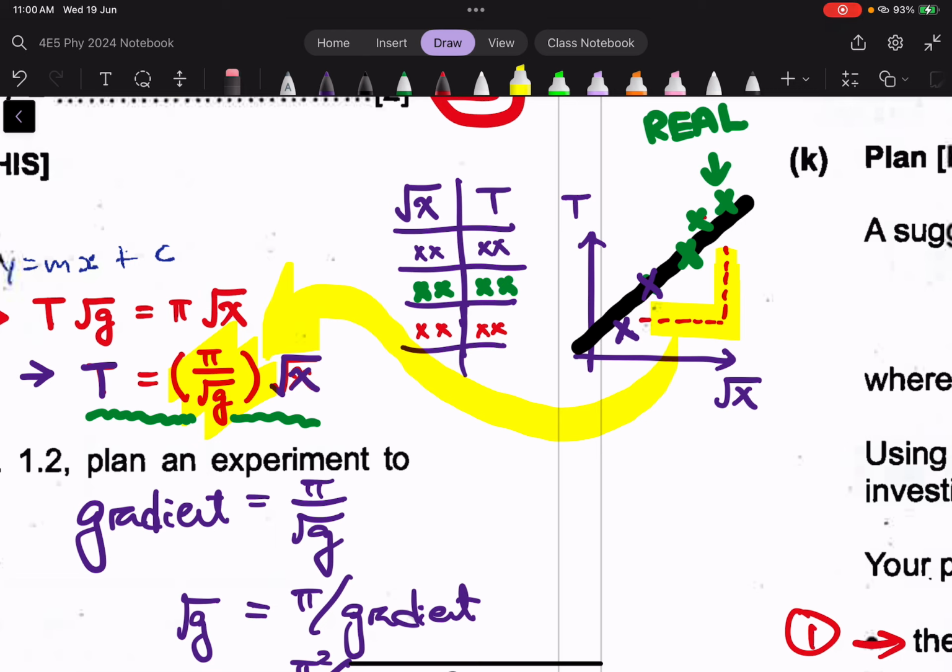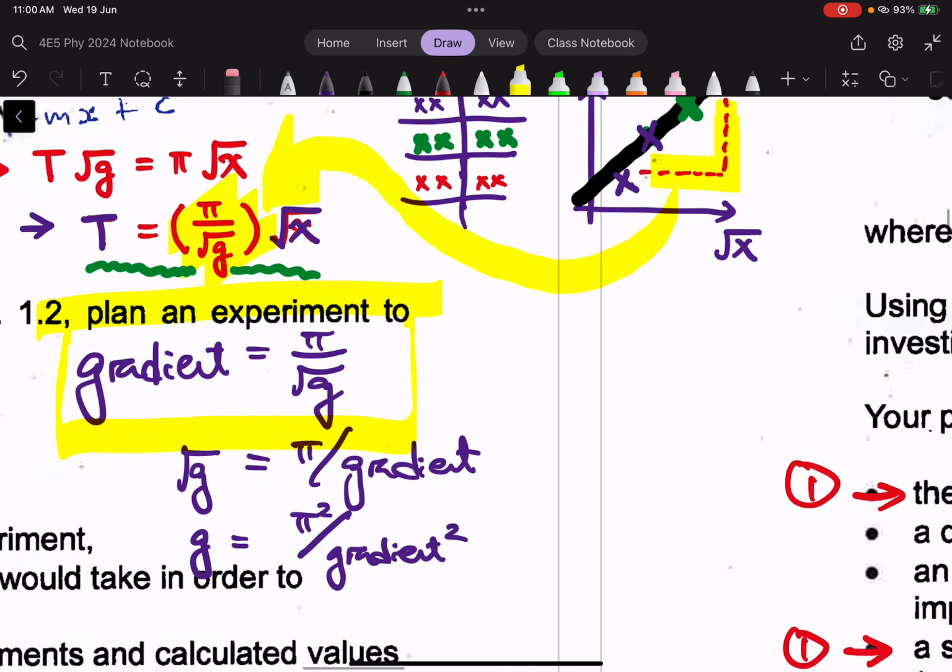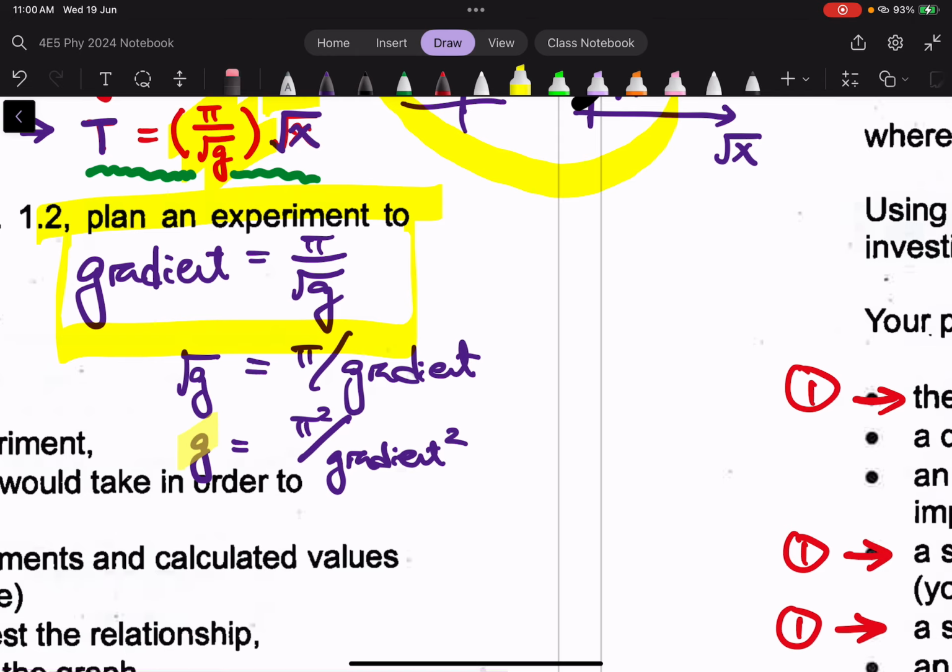So when you want to derive a constant from your data set, you should always rely on the gradient, because the gradient is the trend. It has the least random error. So because of that, that is how you come up with an expression like that. Gradient equals to that. So what you need to do is you need to express g in terms of the gradient.